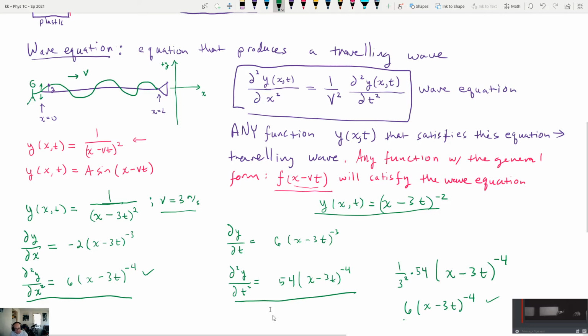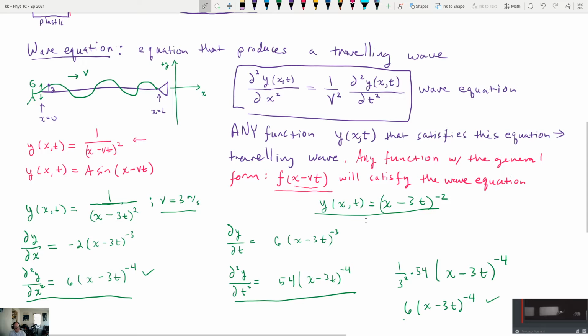And now, if you want to, you could do this for a sine wave. Or you could just pick any function you want to. It doesn't matter what the function is, as long as the function has this general form, some x minus vt raised to a power, or the function x minus vt itself, right? e to the i(x minus vt).